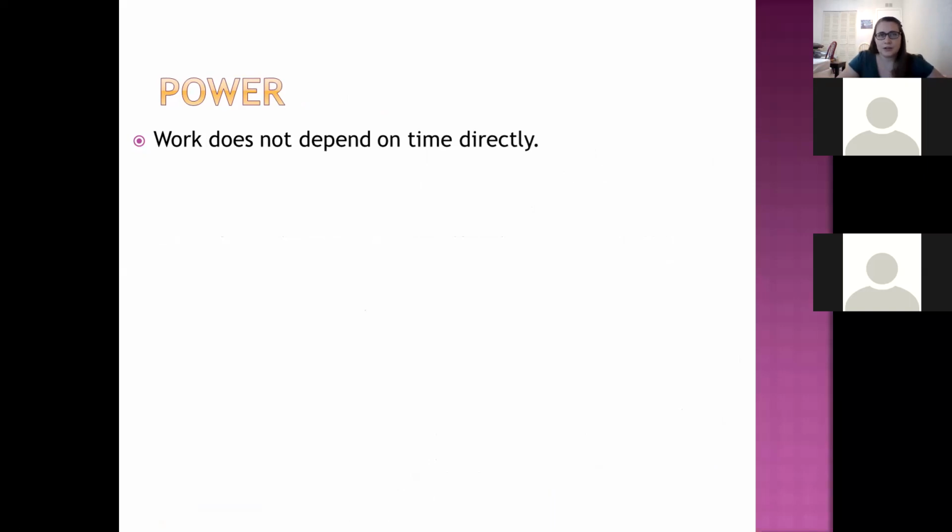So the thing about work that's kind of annoying is that work doesn't depend on time directly. I say it doesn't depend on time directly because work does depend on force, which depends on acceleration, which depends on time. But that's really a convoluted way. There's no equation for work that involves time explicitly. So sometimes that's really convenient, and sometimes it's not.